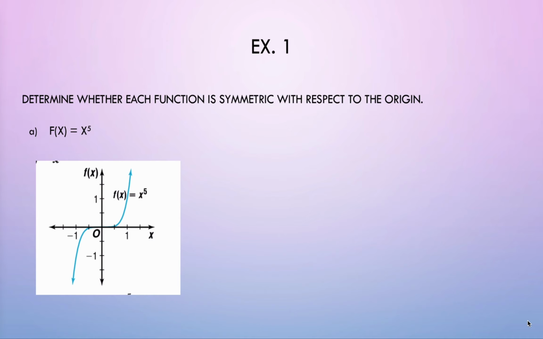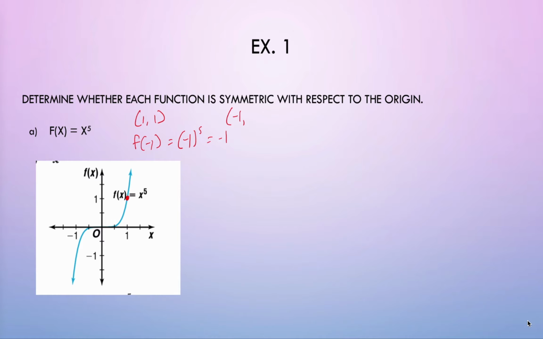Another way that we can do this, we can do it by picking points, or we can do it more generally. So if I pick points, the point (1, 1) is on the function f of x equals x to the 5th. If I put -1 into the function, I'm going to get -1 to the 5th, which is -1.